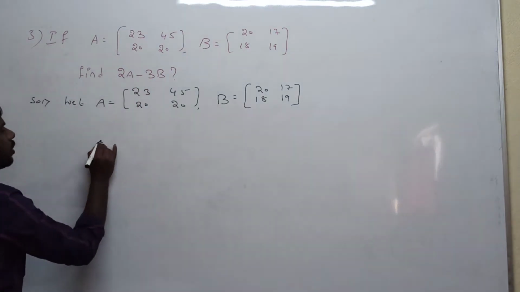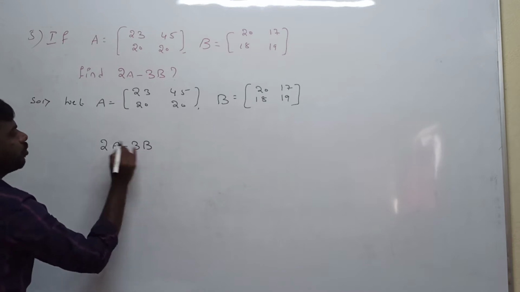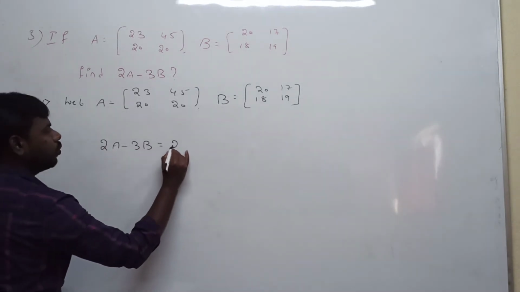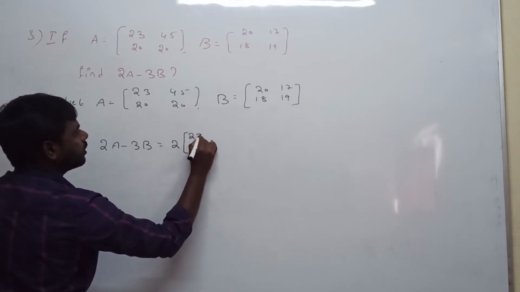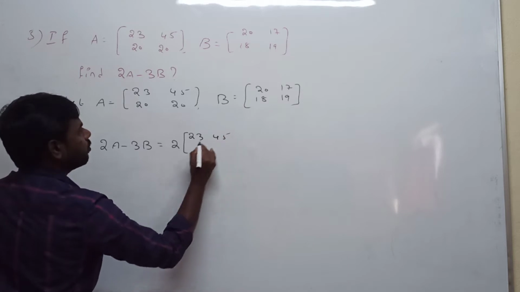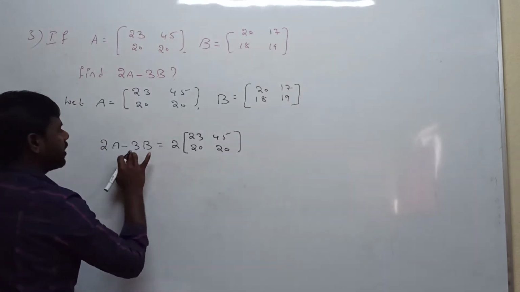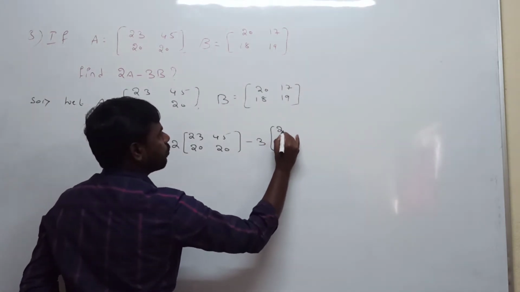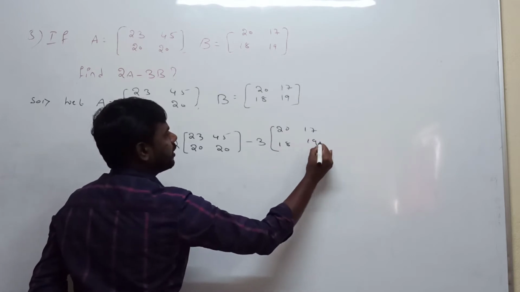To calculate 2A minus 3B, which is equal to 2 into the A matrix, 23, 45, 20, 20, minus 3 into the B matrix, 20, 17, 18, 19.